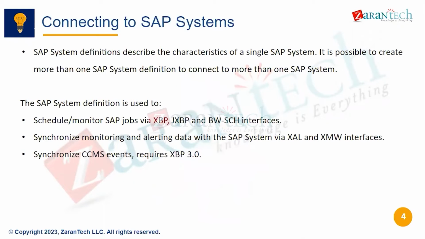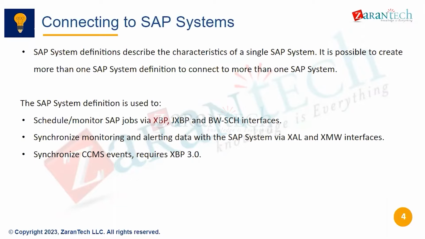So here it is. The SAP system describes the characteristics of a single SAP system. It is possible to create more than one SAP system definition to connect to more than one SAP system. That means here you can connect to BW4 HANA, S4 HANA. If you have multiple BW4 HANA, multiple BW systems, multiple SAP S4 systems, you can connect.